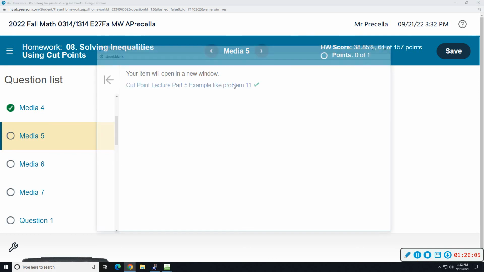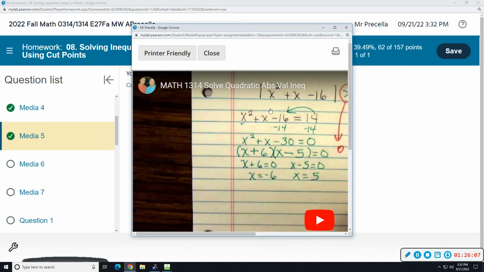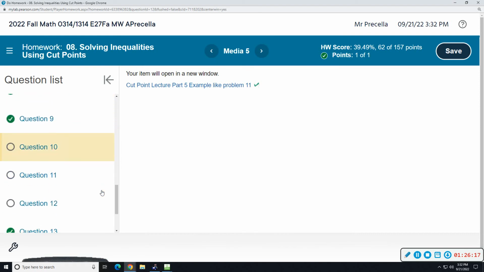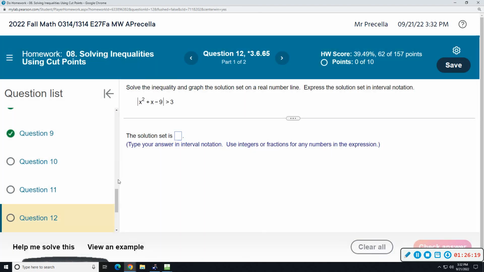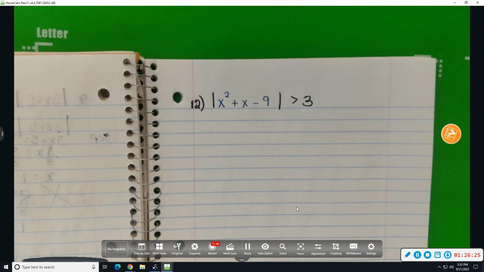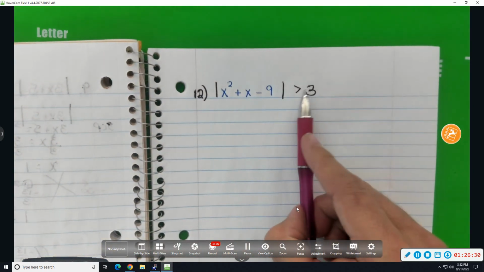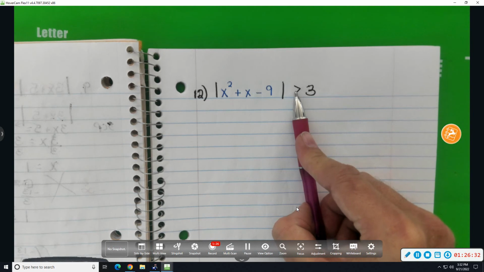Problem 11 and problem 12 are both what we call a quadratic absolute value inequality. So if you want to impress someone with terminology and you want to tell them what you did today, you can say, we solved a quadratic absolute value inequality, quadratic means x squared, using what method?